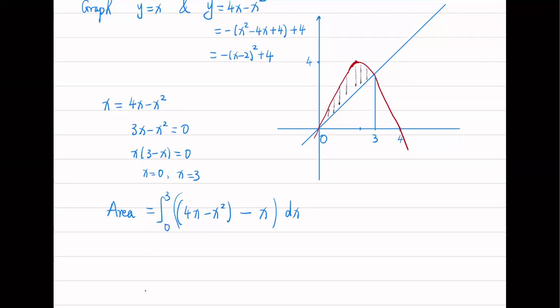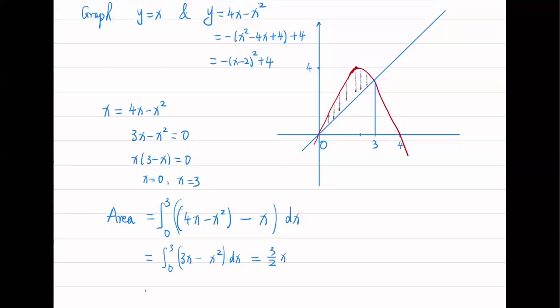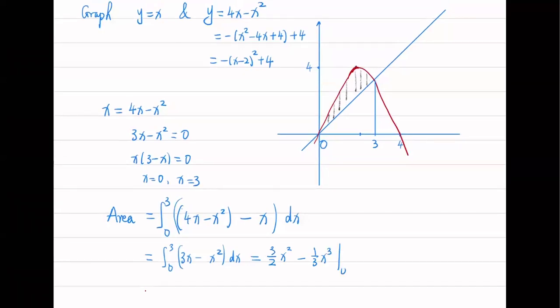What's the function? 4x minus x, okay, that's 3x. Then we integrate 3x from 0 to 3.